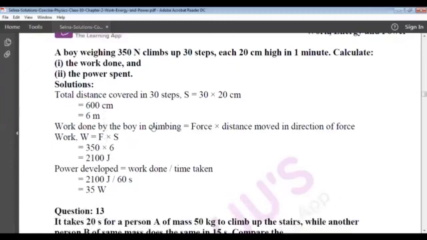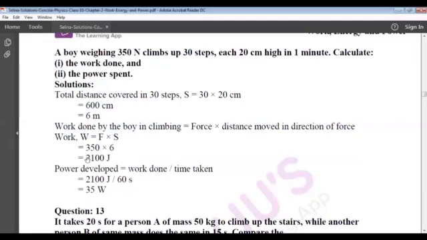Work done by the boy in climbing is force into distance moved in the direction of force. He is climbing up and he is applying the force in the upward direction. So therefore displacement is in the direction of force. So we can write work done is equal to force into displacement. Force is 350 Newton and displacement is 6 meter.